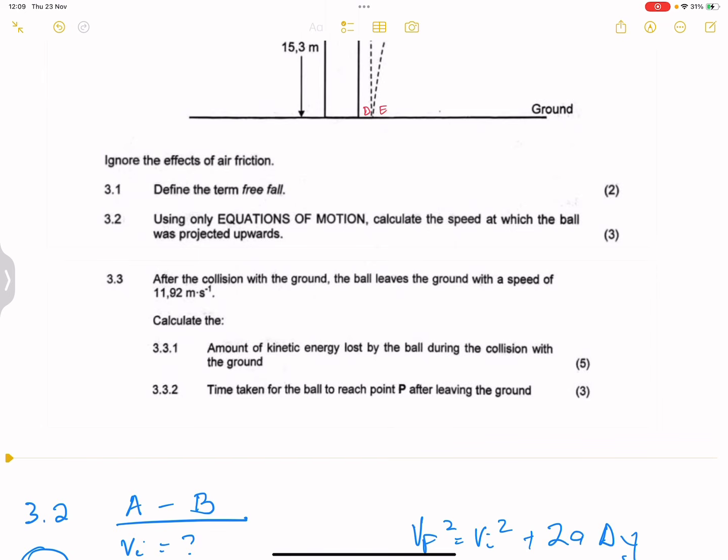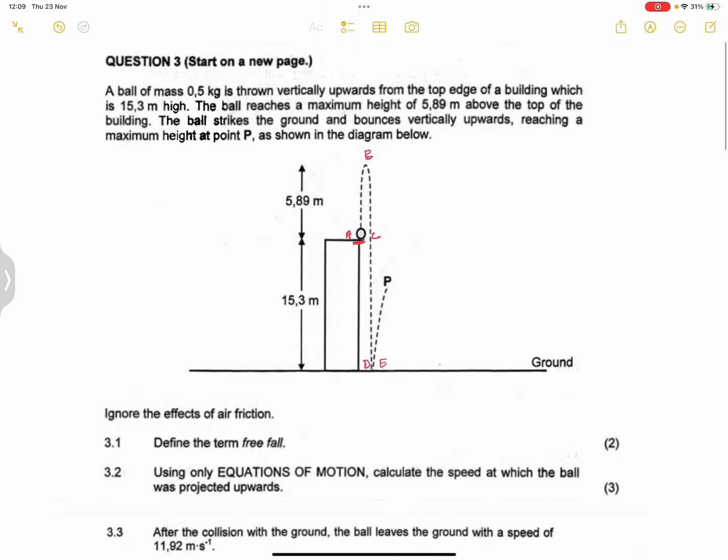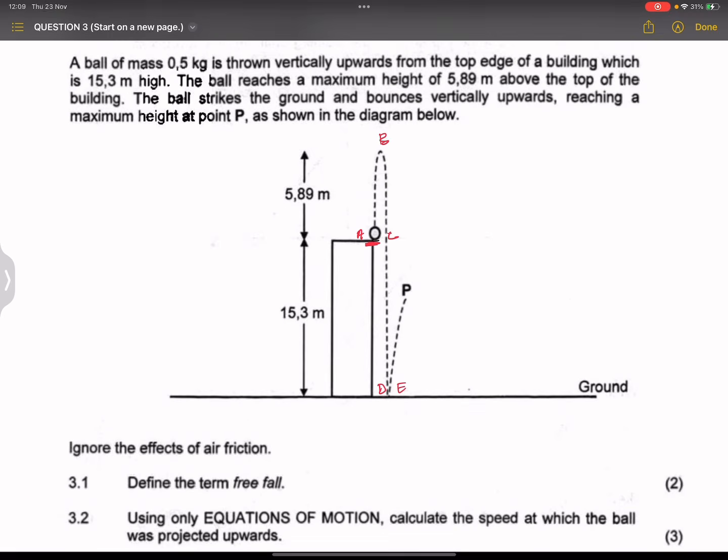Okay, and then the next question, they say after the collision with the ground, the ball leaves the ground with a speed of 11.92. They want us to calculate the amount of kinetic energy lost by the ball during the collision with the ground. Now, what we're going to have to do is find out what the velocity is when it reached the ground.